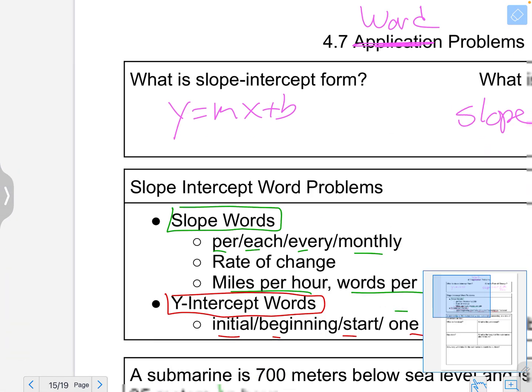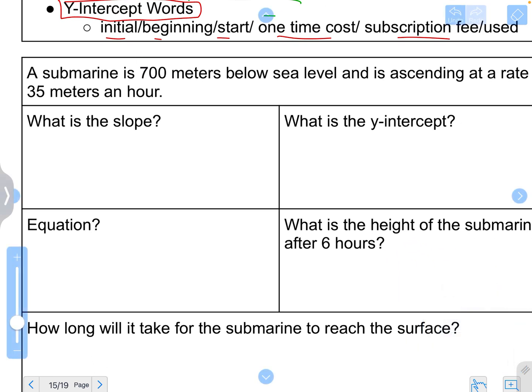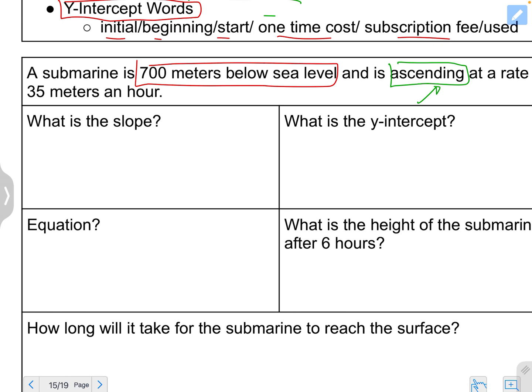So a submarine is 700 meters below sea level and is ascending, which is a fancy word for coming up, at a rate of 35 meters an hour.